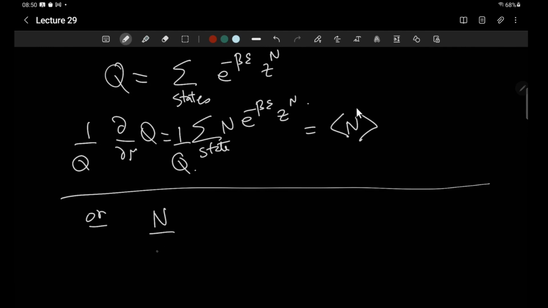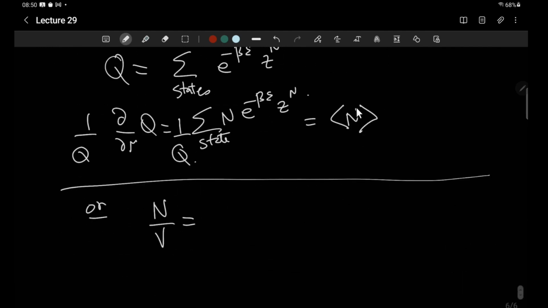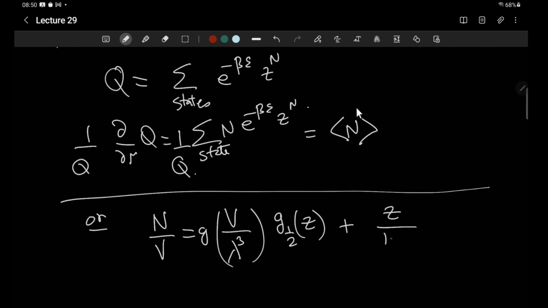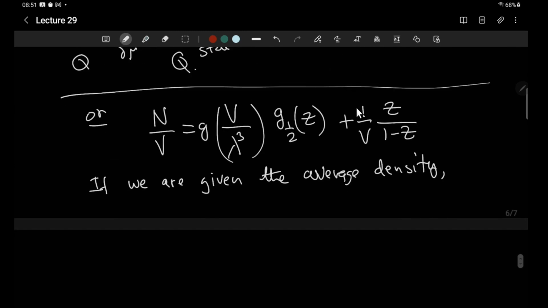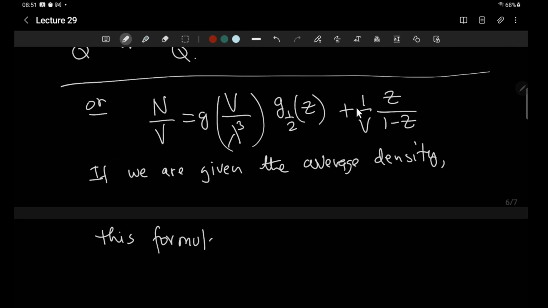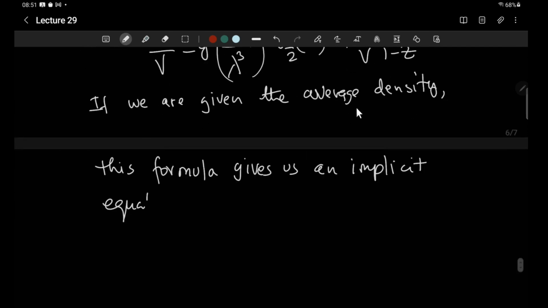We can write this as N by V, which is the number density, equal to G half of Z plus Z into 1 minus Z, 1 by V. So if you are given the average density, which is N by V, this formula gives us an implicit equation for mu.